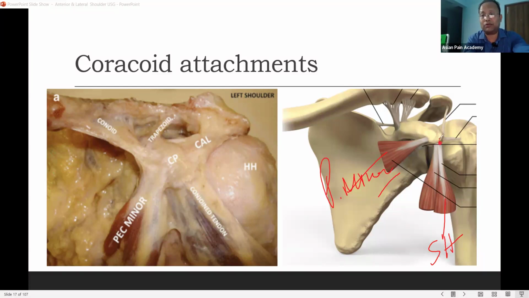So this has come to the tip. Another, this one, is the coracobrachialis muscle. Though the pectoralis minor doesn't attach here, it goes like this, these three tendons are related to the coracoid attachment area.